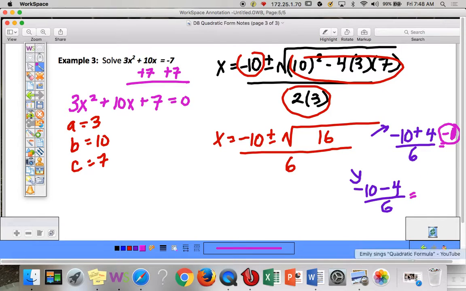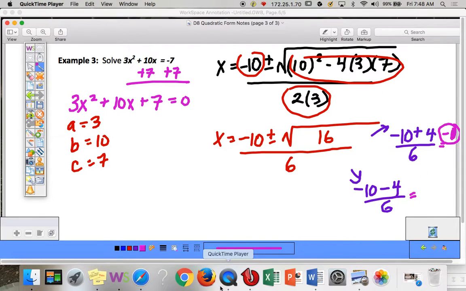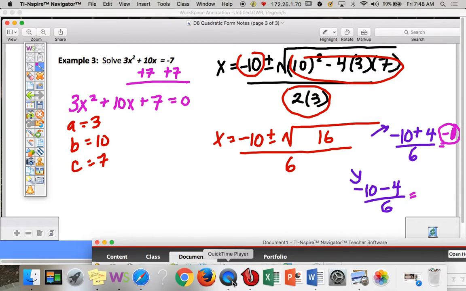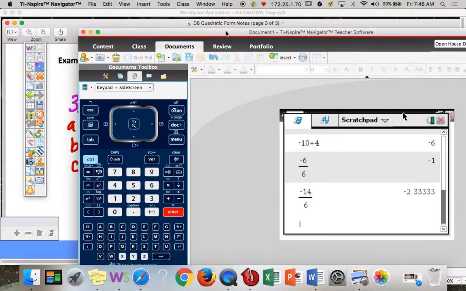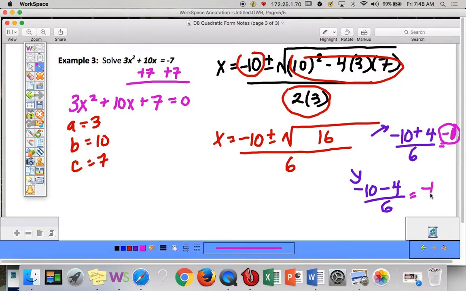And the other will be a decimal: negative 14 divided by 6. So negative 14 over 6 is negative 2.3 repeating.